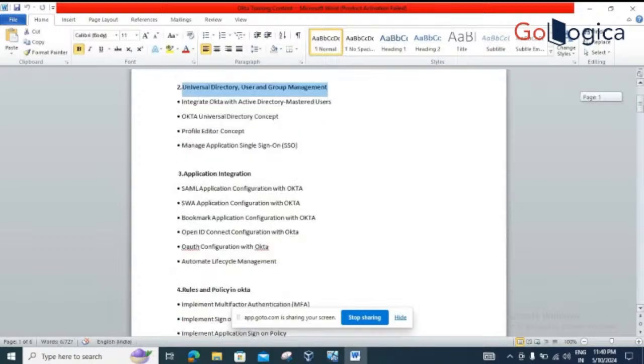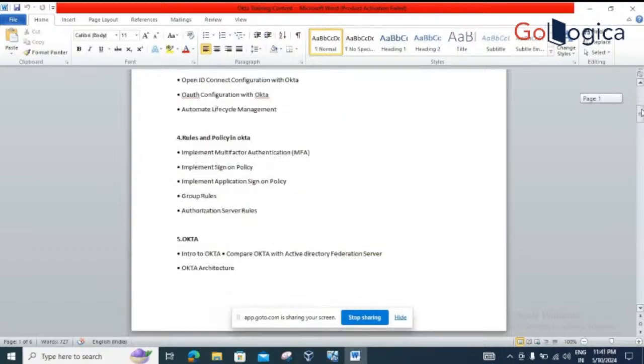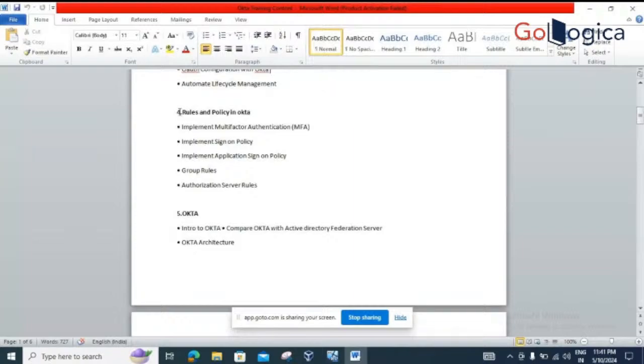Then it comes to application integration, which covers all the protocols that help us make the application integration. Then it comes to the security area. As I told you, there are three things: application integration, security, and workflow. The rules and policies all come under the security tab.